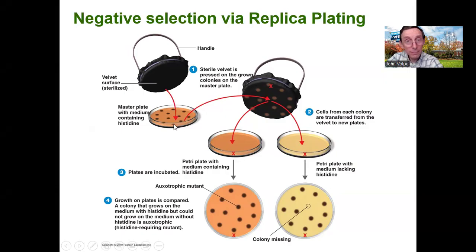So this one here, I think, is that one there, that one there, and that one's that one there. And then you take this velvet stamp and you stamp other plates, transferring the cells from this plate to the velvet to this plate. And then you grow up these plates and you will get colonies in the same location as this plate. So that one there is this one here.